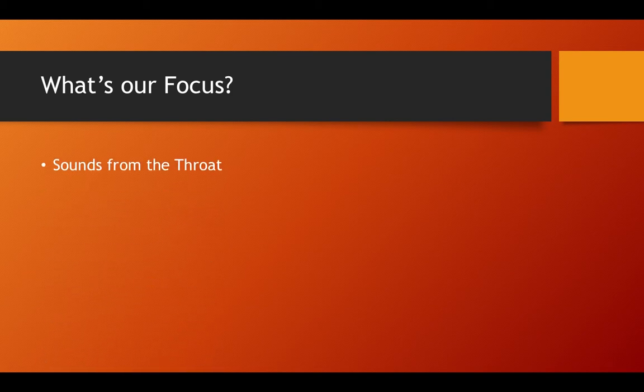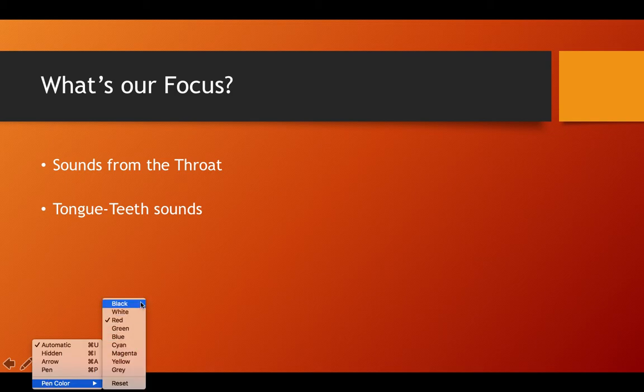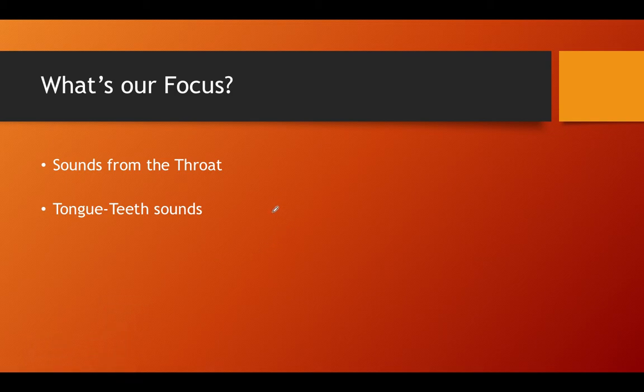We're going to be covering sounds from the throat, and you'll notice many of the letters in this lecture will be covering that. The second focus would be tongue-to-teeth sounds. This is something I cannot emphasize enough. For example, let's say I have the letter ta. Notice how I did not say the ta as in an English ta sound.